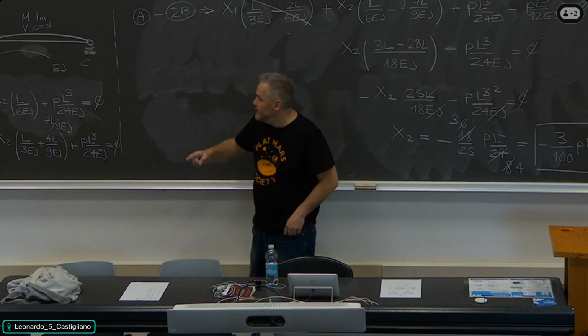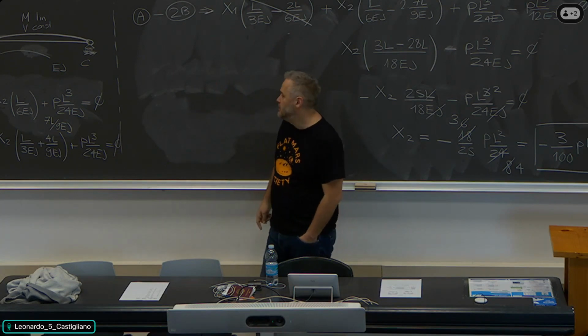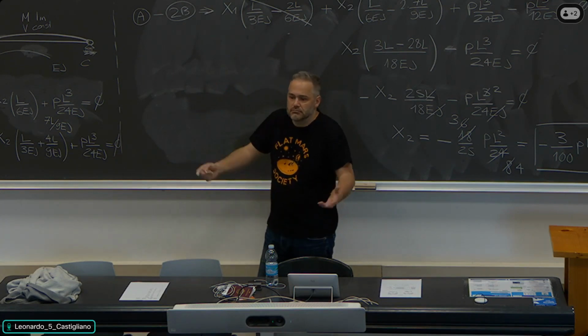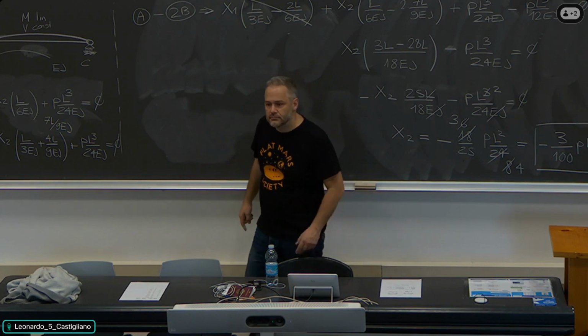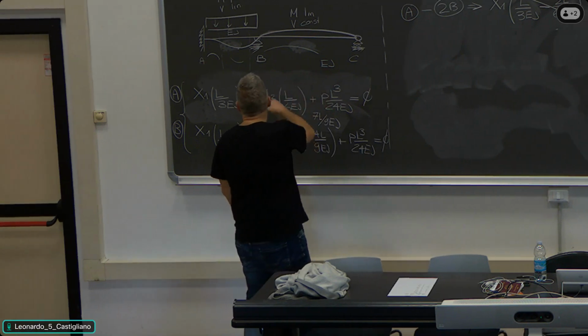Now, having the value of x2, I can get x1 from which equation? Whatever. You can choose this one or this one. It's the same. I will use the first one.